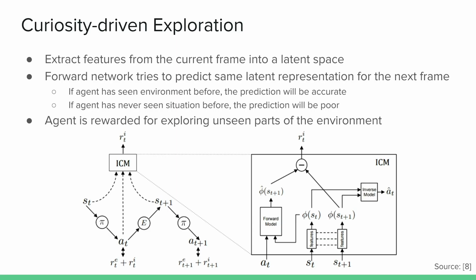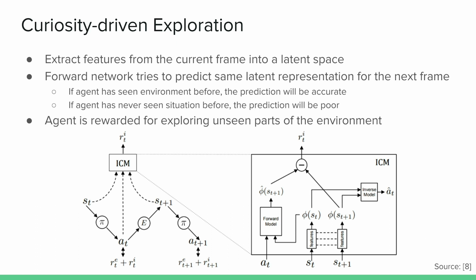And what this really helps with is the following. If we extract meaningful features from our environment, we can learn with this inverse model to distinguish all of the environment variables that were relevant and that we could influence with our actions from everything that we don't have any control over.